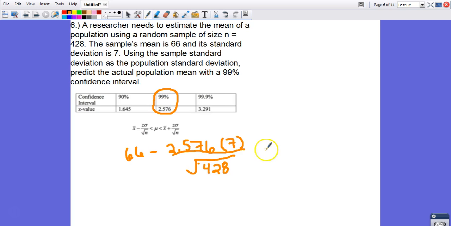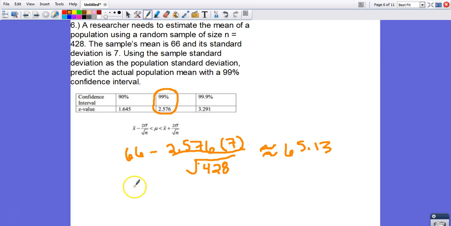So the lower value number is going to be, and I did this in my calculator, so you are going to want to do it in your calculator and see if you get the same answer. I just put those numbers in and I got approximately 65.13. So approximately, because there's a big decimal, 65.13, that's the lower value of my interval.